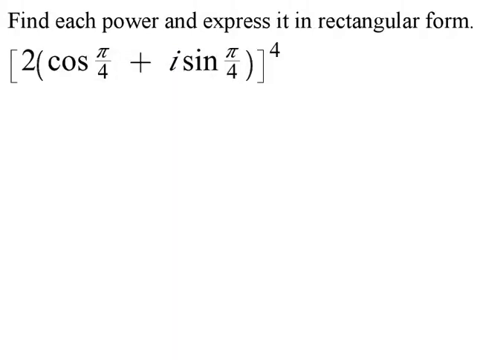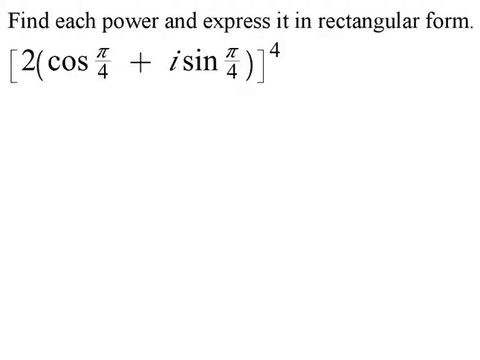Let's go ahead and look at another one. Okay, find each power and express it in rectangular form. This is actually really easy. Okay, it's just like the problem we got done looking at. I could go ahead and do what Ross already suggested.